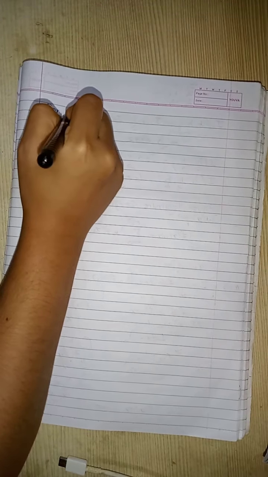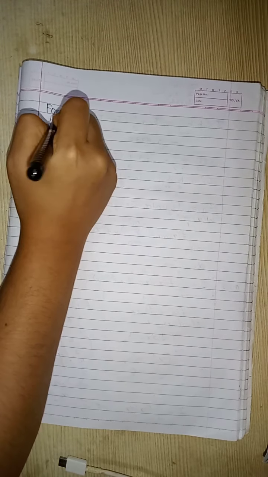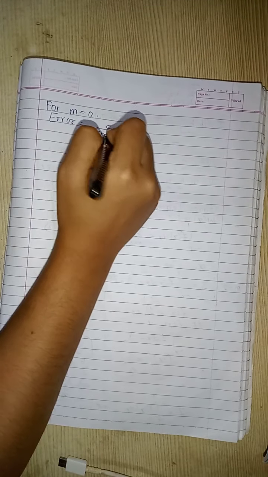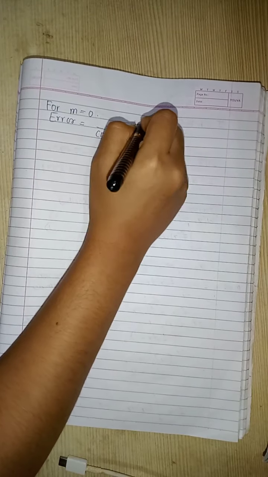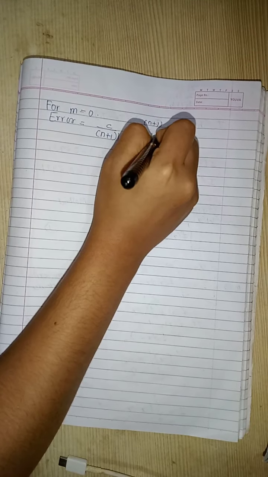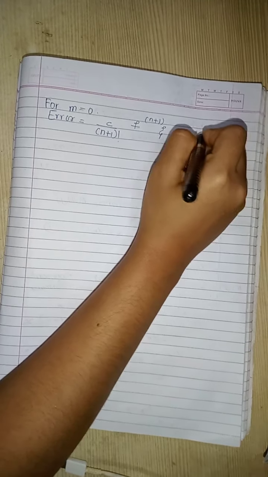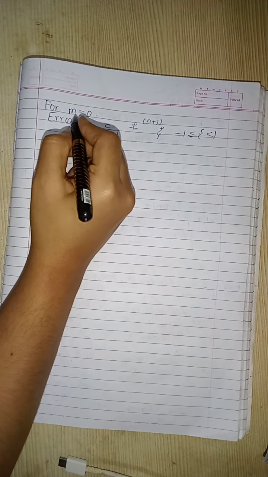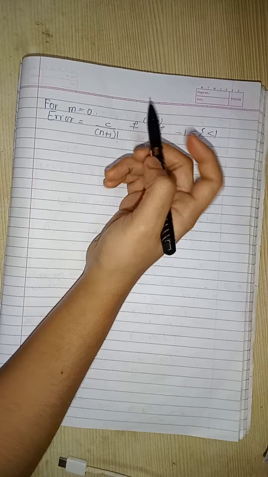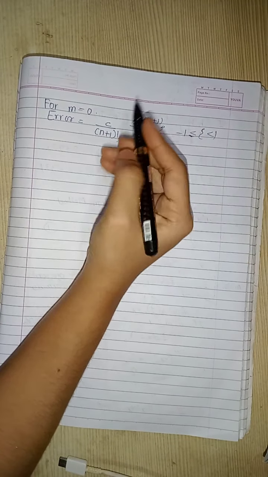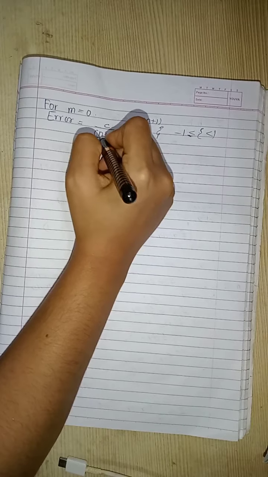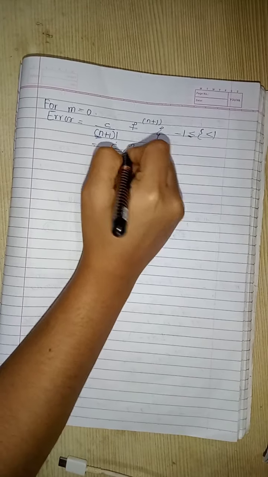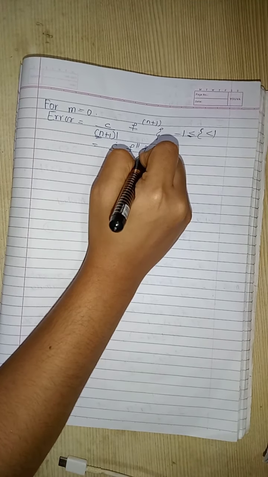So for n equals 0, error is nothing but c upon n plus 1 factorial f raised to n plus 1 of eta, where eta lies between minus 1 and 1. As n equals 0, we have degree of polynomials up to 1. So we can substitute the value of n, that is the degree, as 1. So you will get c upon 2 f double dash of eta.